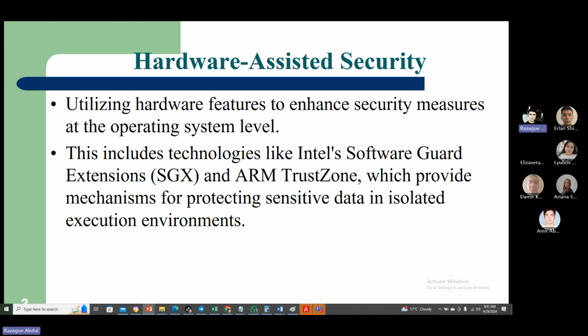Intel's SGX and ARM's TrustZone are at the forefront of this technology, providing essential tools for developers and organizations to protect sensitive data and ensure the integrity of their operations in a secure, isolated manner. As this technology evolves, it will continue to play a critical role in shaping the future of cybersecurity, addressing emerging threats with robust hardware-based security measures.